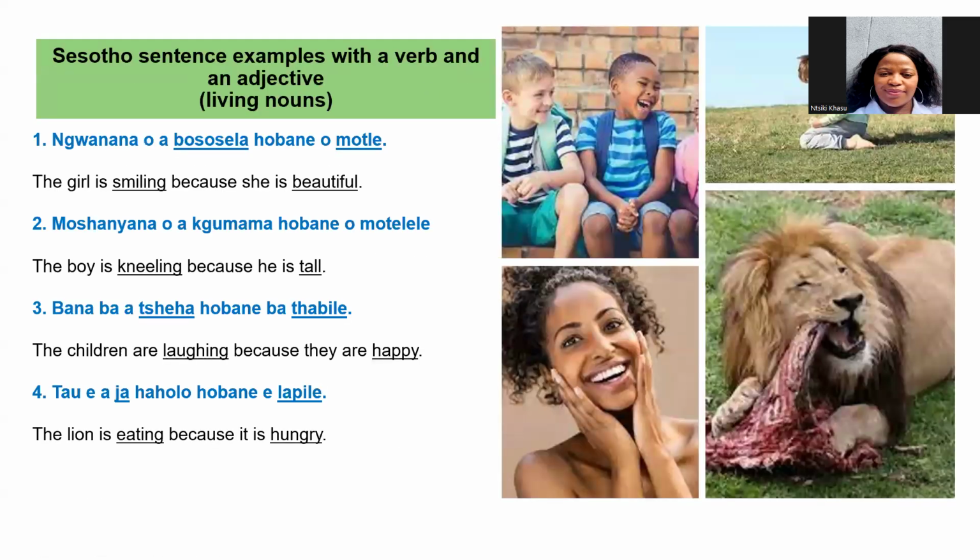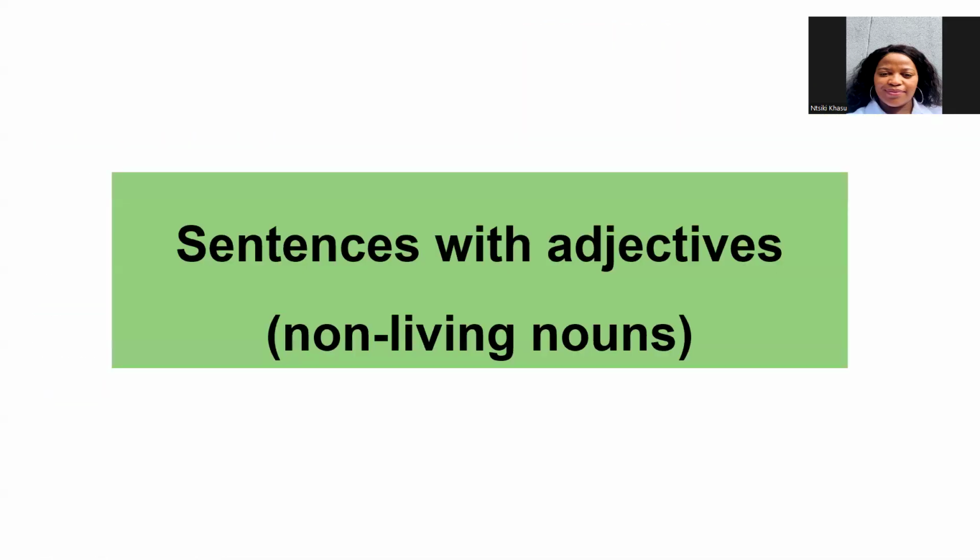Then let's have a look at examples with a verb and an adjective. Ngwanana o a bososela hobane o motle. Moshanyana o a khumama hobane o motelele. Bana ba tsheha hobane ba thabile. Tau e ja haholo hobane e lapile.